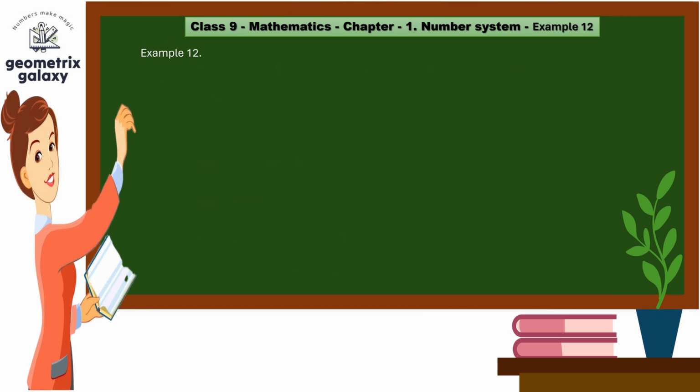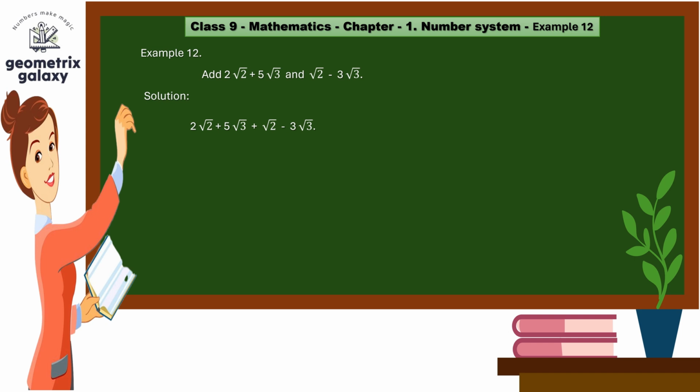This is example 12. Add 2 root 2 plus 5 root 3 and root 2 minus 3 root 3. In addition we can combine only the like terms.